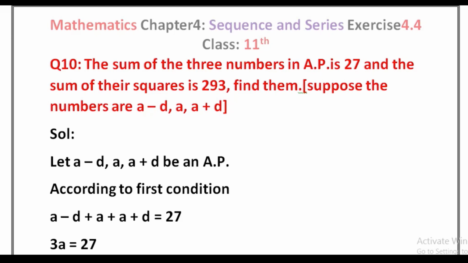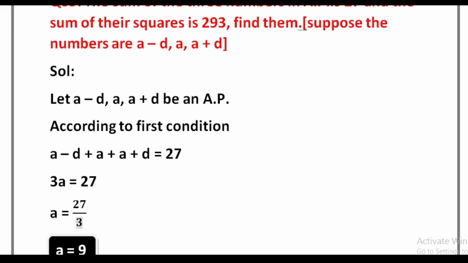So a minus d plus a plus a plus d is equal to 27. a plus a plus a is 3a, and minus d plus d cancel, so 3a is equal to 27. Dividing by 3 on both sides, a is equal to 9. So the value of a is 9.